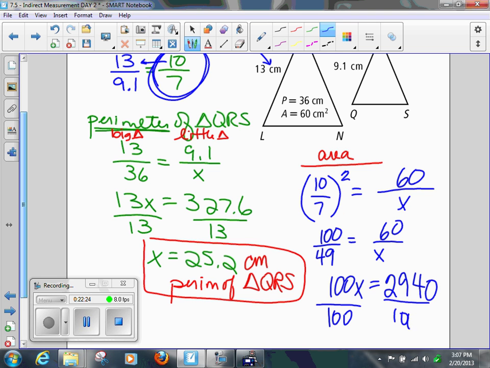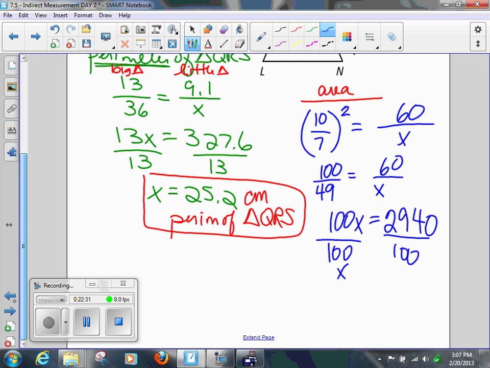I'm recording, and that was really loud. Someone's headphones? Okay. No, I don't think so. 29.4 once. Thank you, Brandon. 29.4 centimeters squared. Correct?